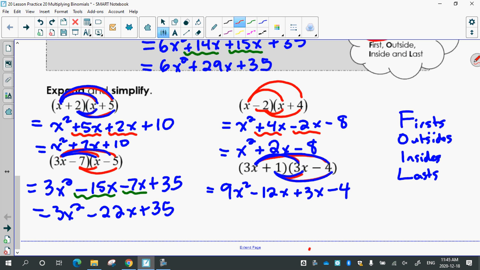And then you should have like terms in the middle. They both have an x ending, so you can simplify it one more step to give you 9x squared minus 9x, because negative 12 plus 3 is negative 9, minus 4. So a common error would be to write minus 15x there by accident, but remember it's negative 12 plus 3.